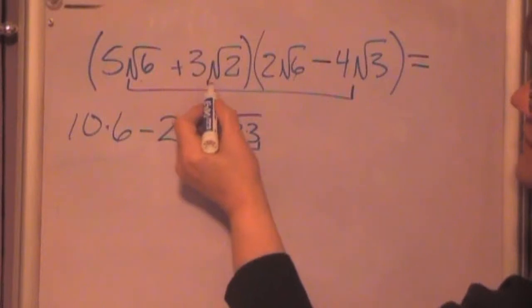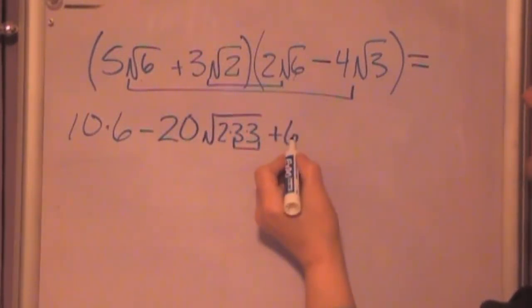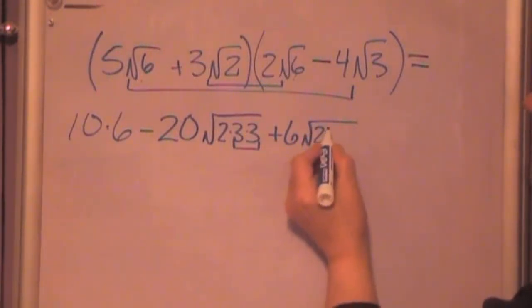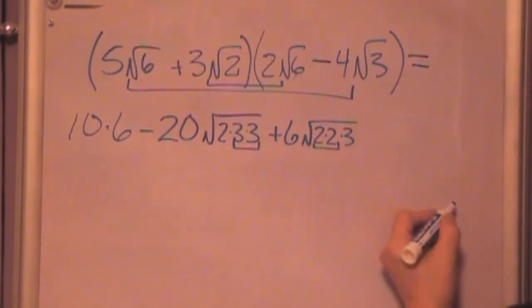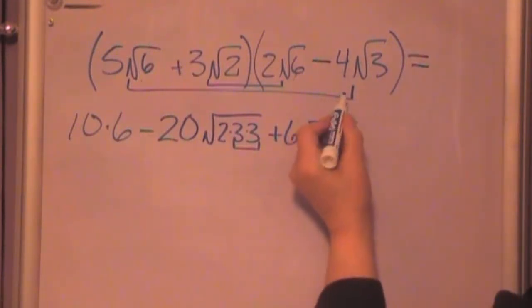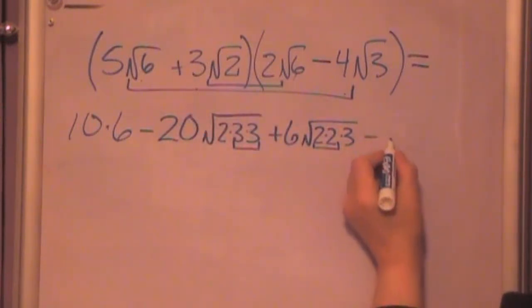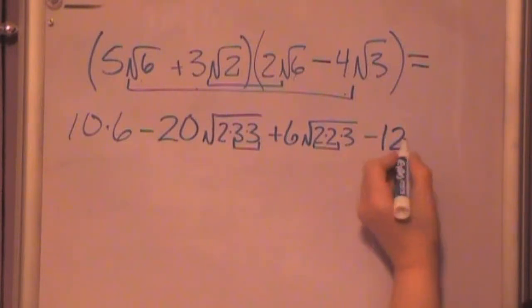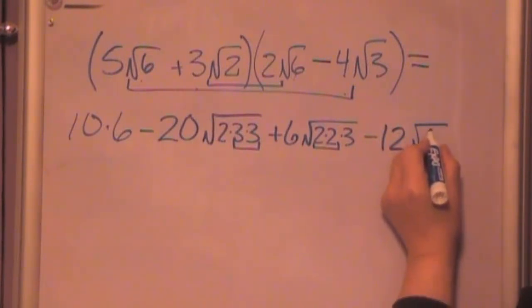And my insides are plus 6 times root 12, which is 2 times 2 times 3. Again, I have the 2 factors factored out for you. And a minus, the last terms is going to be negative 3 times 4, 12, and then you multiply the root 2 times the root 3, and I get root 6.